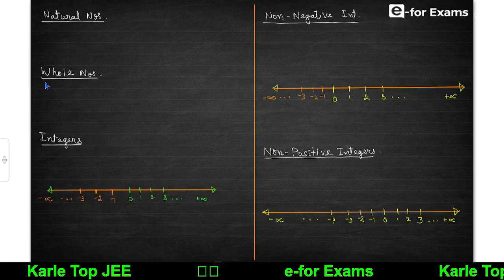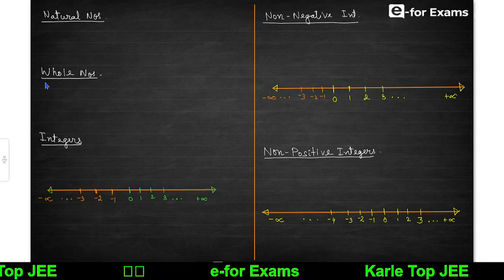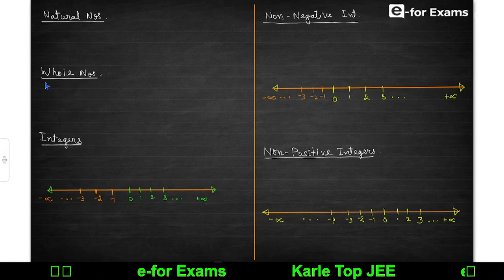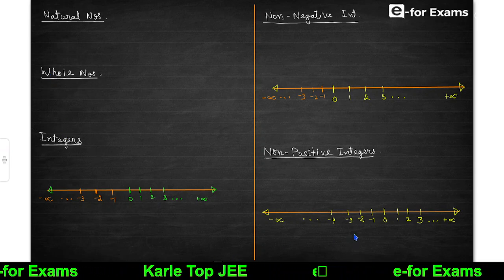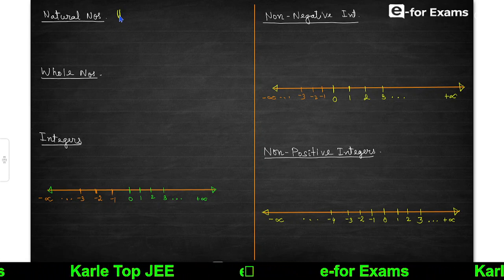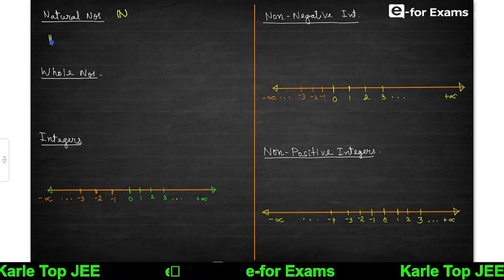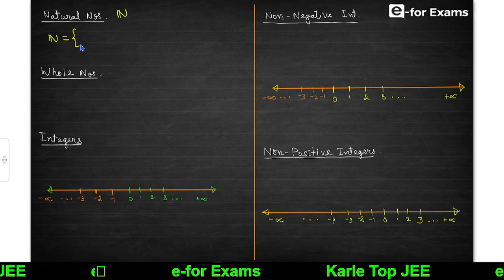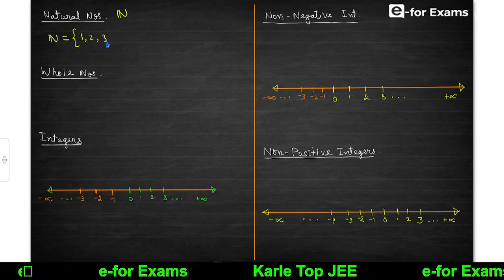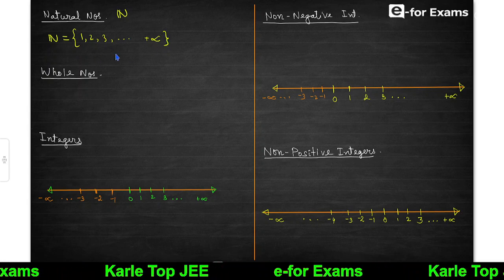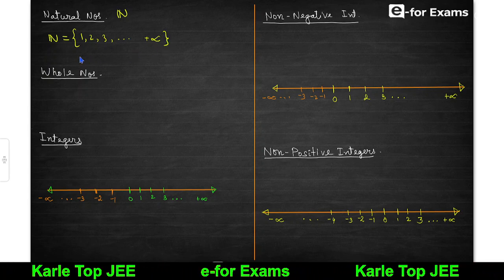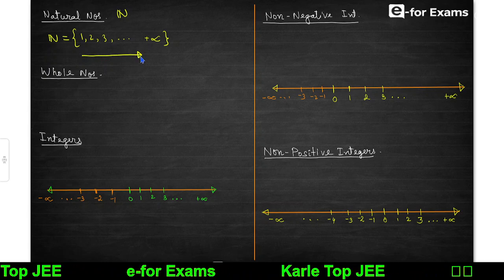Let's start. First is the natural numbers. Natural number is denoted by capital N, and natural number is equal to 1, 2, 3 up to positive infinity. This is natural numbers. In number lines we can represent like this.